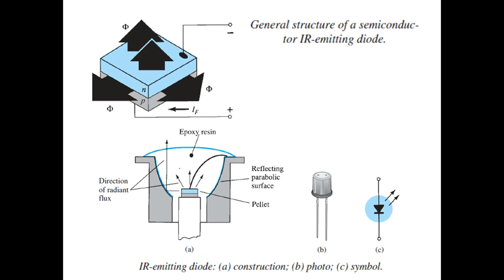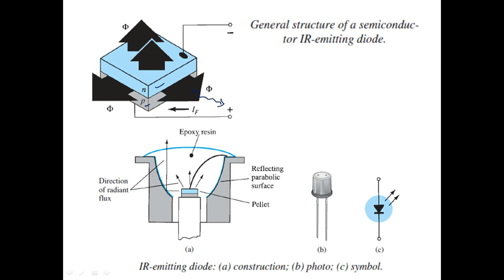That's the general structure of a semiconductor IR emitting diode. You can clearly observe the blue colored region is N type, the gray colored structure is P type, and the recombination happens within this N and P region, so that the IR rays are emitted outside.